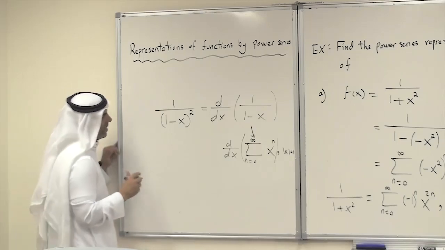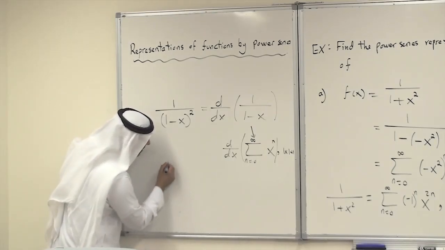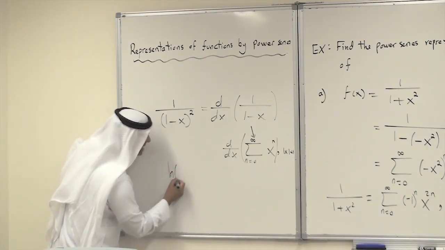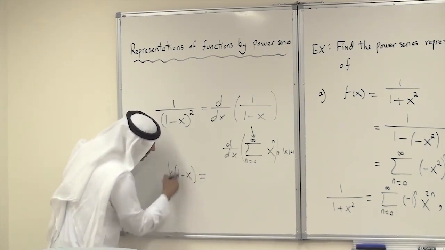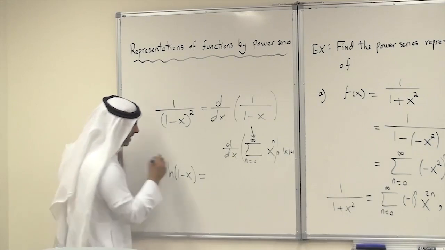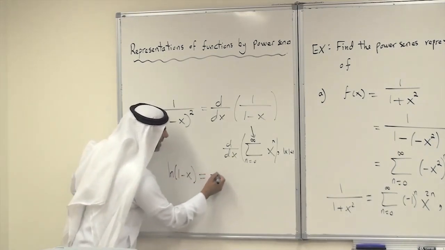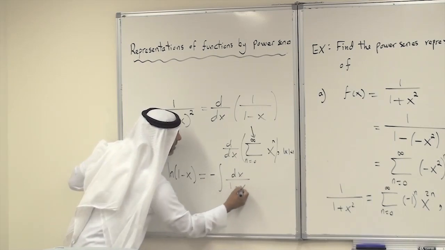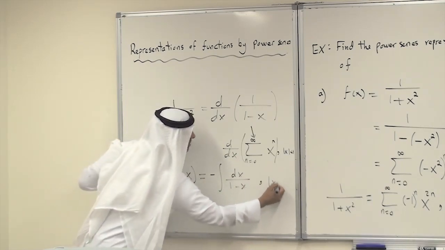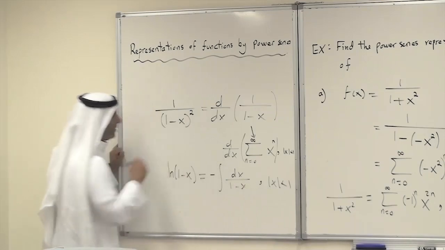A second one, if we have something like a logarithmic function, ln of, for example, 1 minus x or 1 plus x. Okay, this is not a rational function, but you can figure out that this is actually minus the integral of dx over 1 minus x, if you are working again in absolute value of x less than 1. This is exactly equal to this.